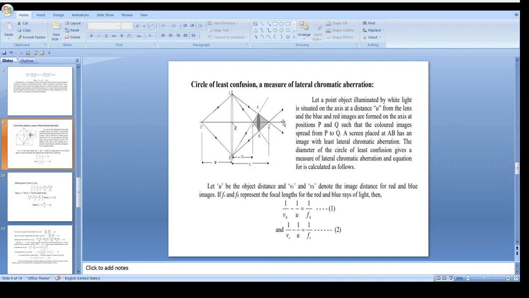Lateral chromatic aberration. Let a point object illuminated by white light be situated on the axis at a distance U from the lens, and blue and red images are formed on the axis at positions P and Q, such that the colored image spreads from P to Q. A screen placed at AB has an image with least lateral chromatic aberration.